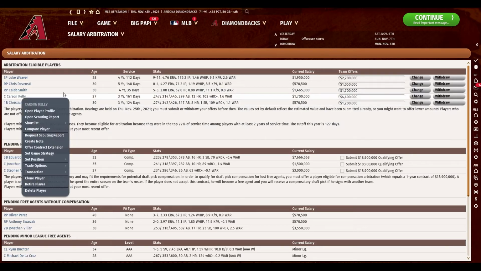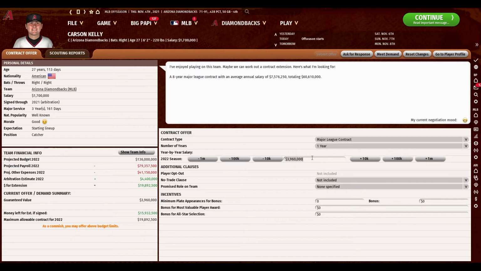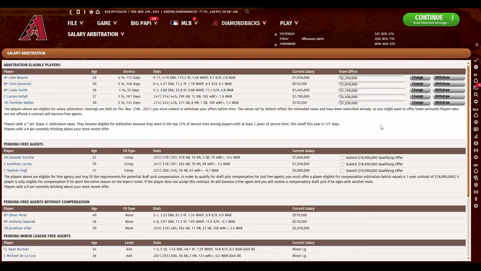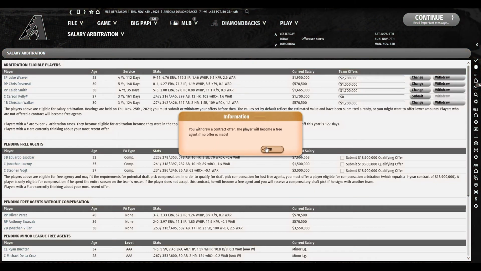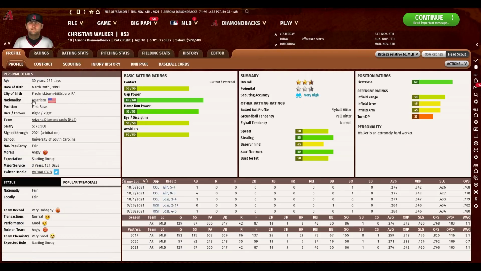He's our catcher of the future, so to speak. We only have to sign him to a 1-year contract. His contract was 4 or something, so if we offer him a contract for 4.2, he'll probably take that. We submit the offer, and I always just withdraw the offer here. It's just the way I've always done it.